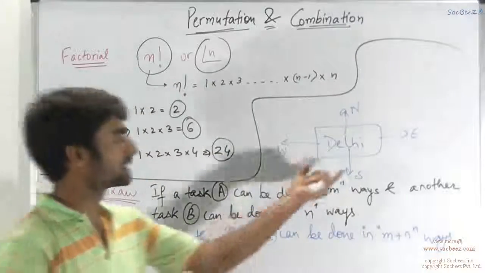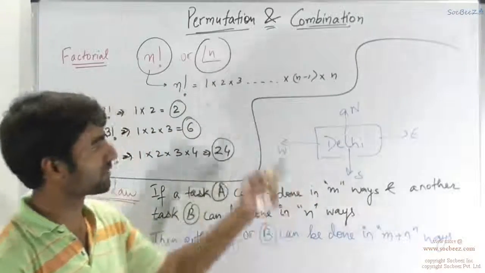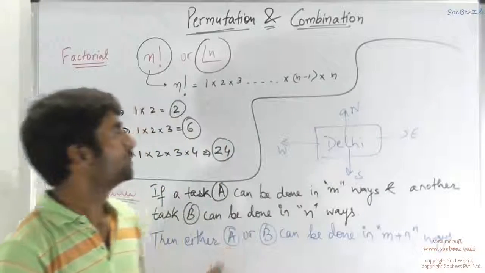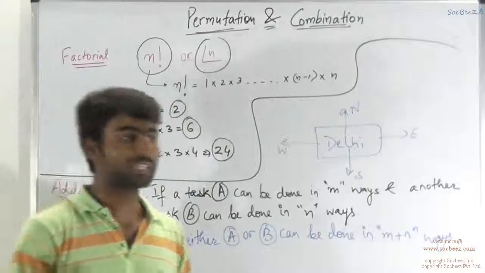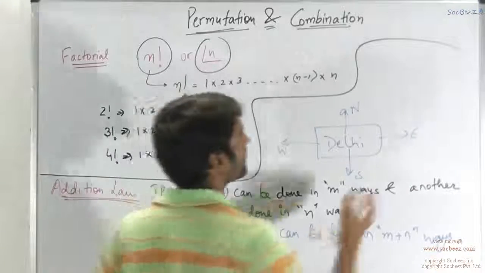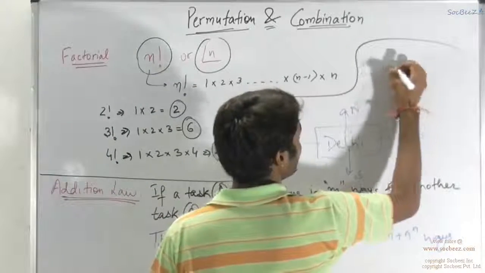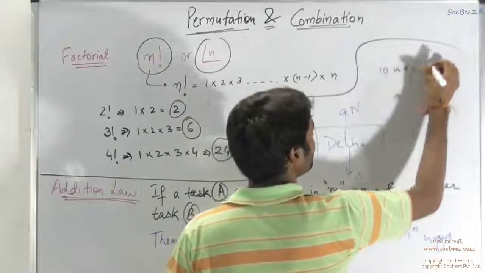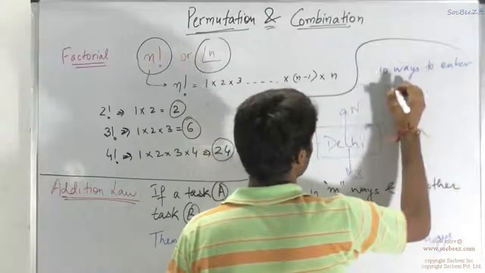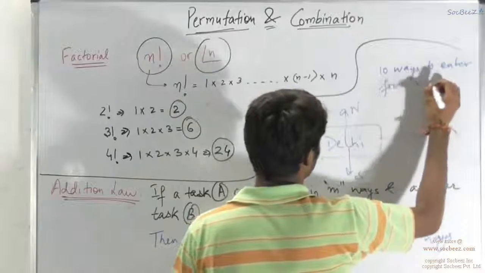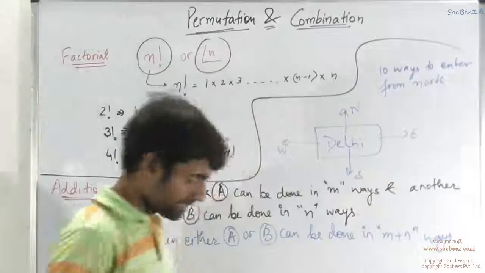Let us suppose this is the city Delhi, and you can enter this city in, say, 10 ways from the north.